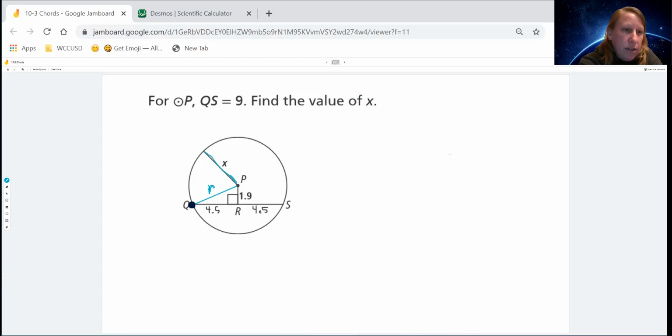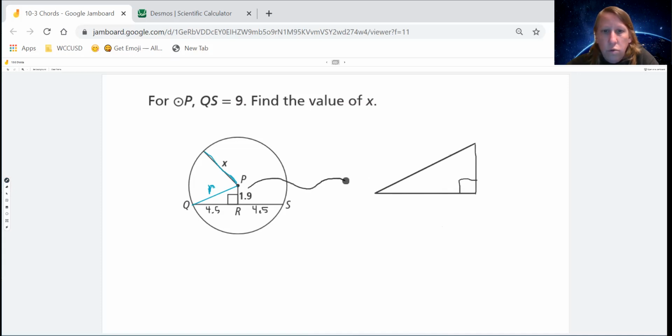So let's do it. I'm gonna redraw this right triangle over here. Basically, I don't need the circle anymore. I just need to remember how to solve right triangles. I'm taking this one out of the circle, moving it out there. I'm going to take the measurements with it. That's 4.5. This is 1.9. This is what I'm trying to figure out.